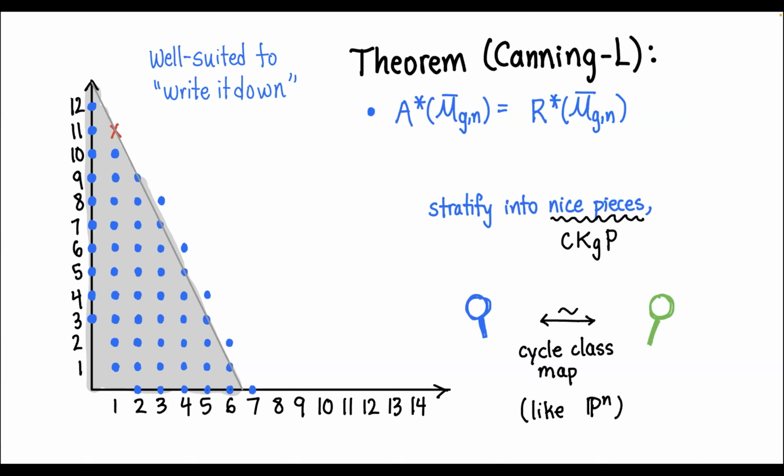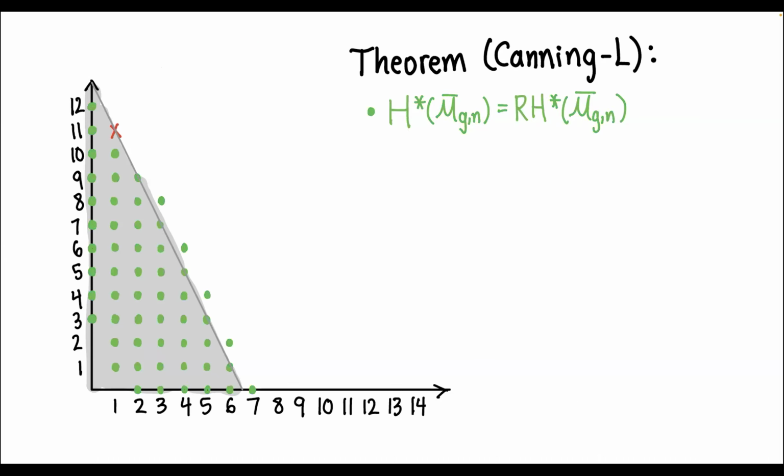So if the cycle class map is an isomorphism, I can turn all of these blue dots into green dots, where the cohomology of M_{g,n} bar is tautological. And tautological classes always live in even degree.